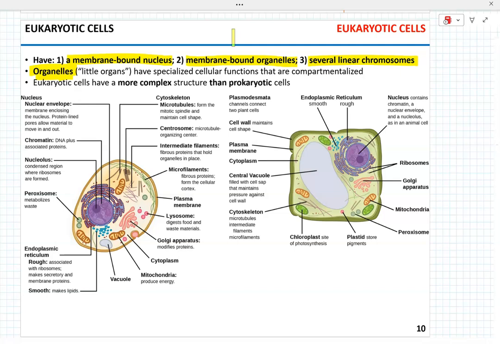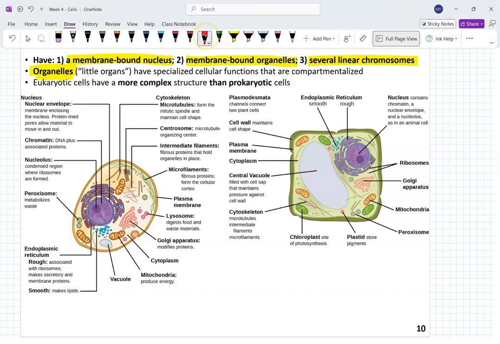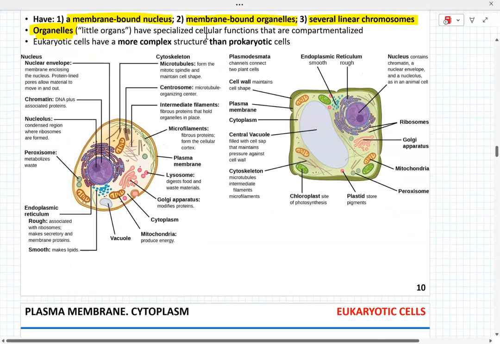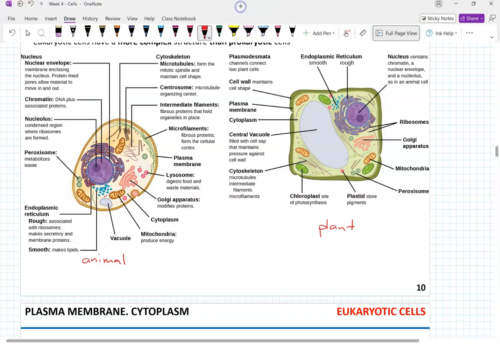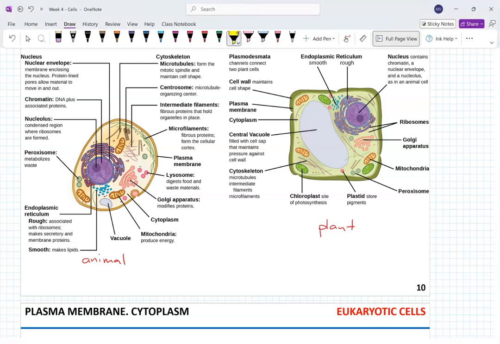So the cellular functions are compartmentalized in eukaryotes, which explains why eukaryotes have a more complex structure than prokaryotes. On these two images, you can see an animal cell on the left and a plant cell on the right. And next, we're going to talk about the main structures within the eukaryotic cells.